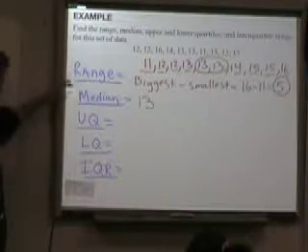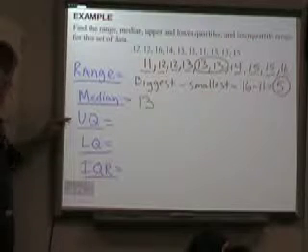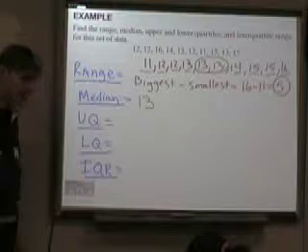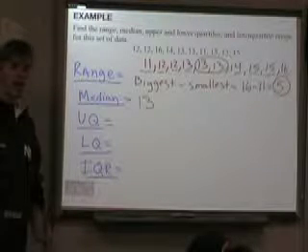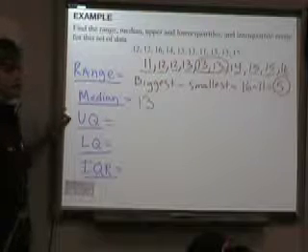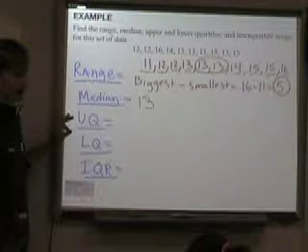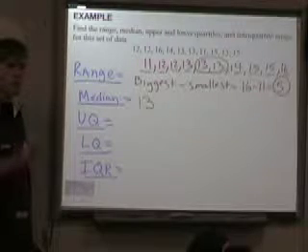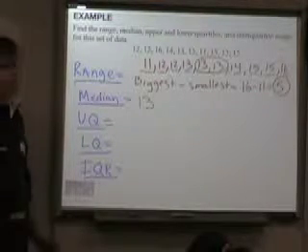Now, these next 3 are the new ones. You've probably seen range and median before. I'm going to make upper quartile and lower quartile so easy you're going to go, whoa, that's easy. Okay? Now look. The upper quartile is the median of the upper half. Did you hear that? What's the upper quartile? Right, the median of the upper half. So you're saying, well, what's the upper half?